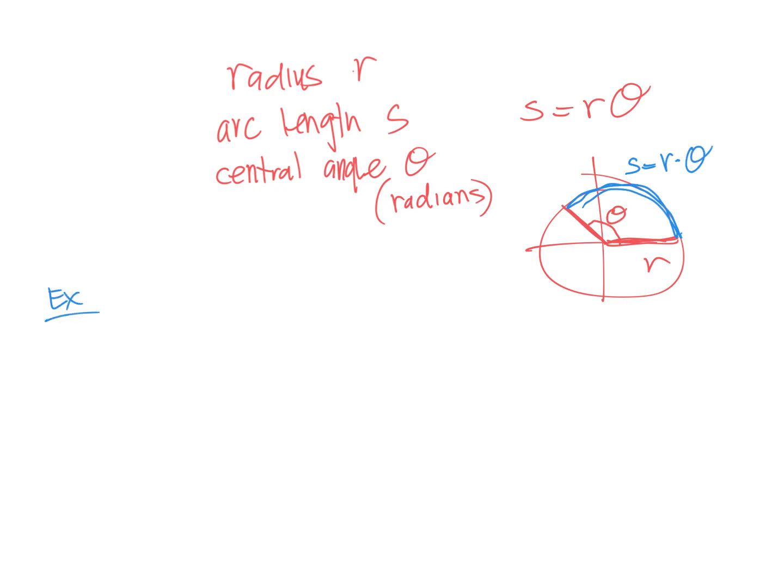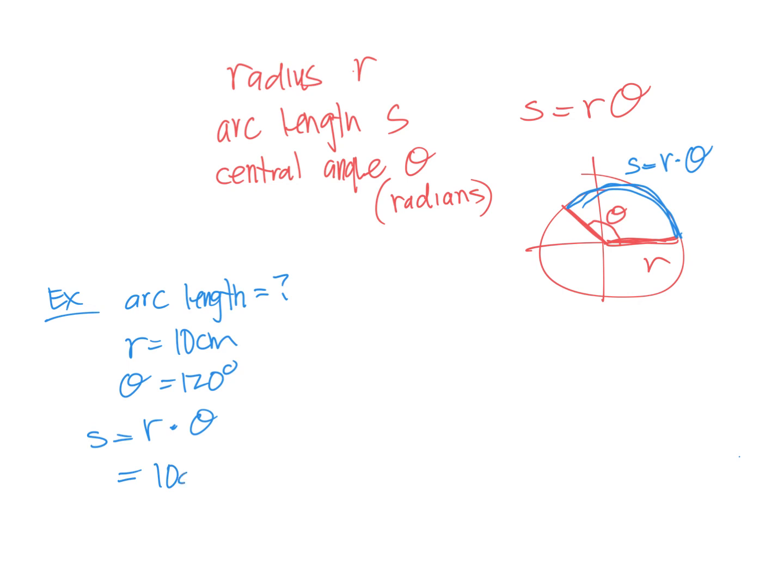So, for example, if we want to find the arc length, and we're given a circle with radius 10 centimeters and an angle of 120 degrees, S is r times theta. So r is 10 centimeters, theta is 120 degrees, but we need to convert this to radians.